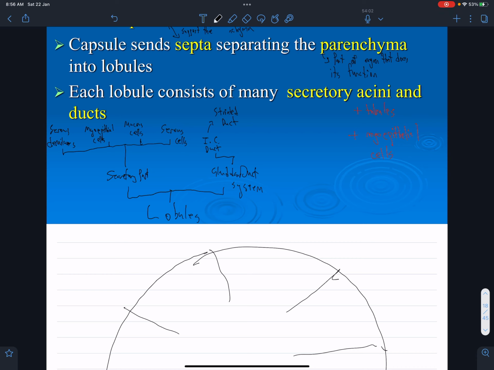So your intercalated ducts, they're lined by which type of epithelial cells? Simple cuboidal epithelium. Then the striated duct, they're lined by what? Simple columnar epithelium that are striated in appearance, okay?